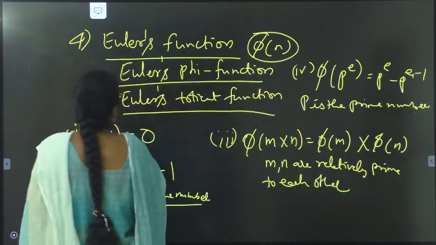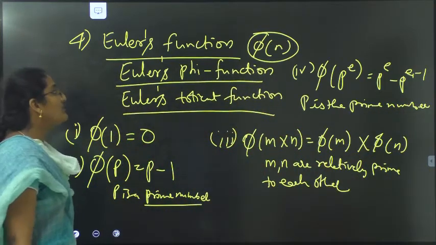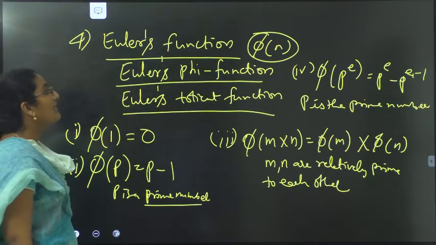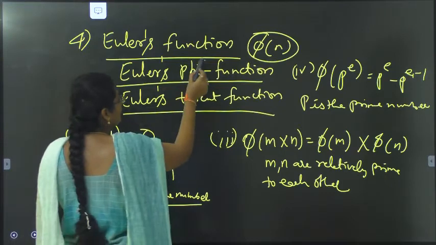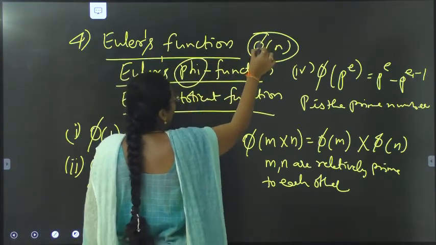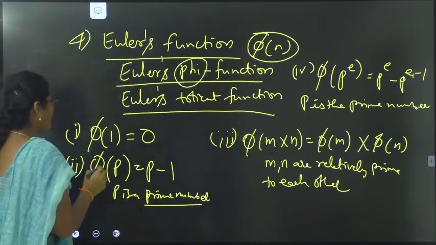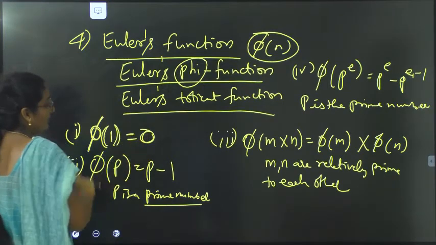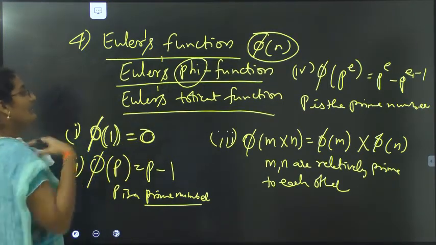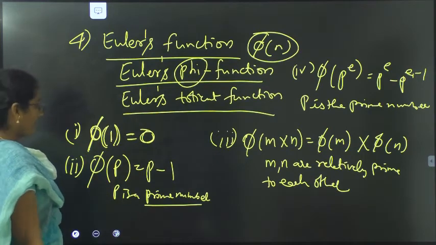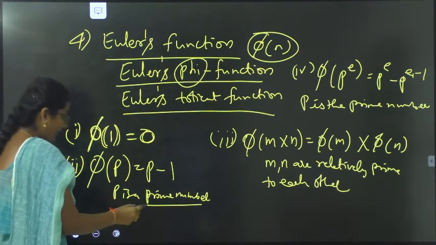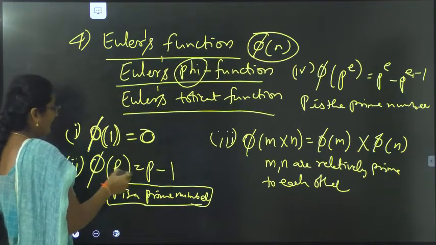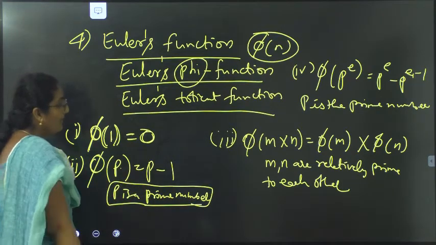So next one, fourth point is Euler's function. Euler's function is also called Euler's phi function and Euler's totient function. This is denoted with, as I said, phi of n. So what is the first one? Phi of 1 equal to 0. These and all are predefined statements. We will use these statements while we are solving the algorithms. So phi of p equal to p minus 1, where p is the prime number.